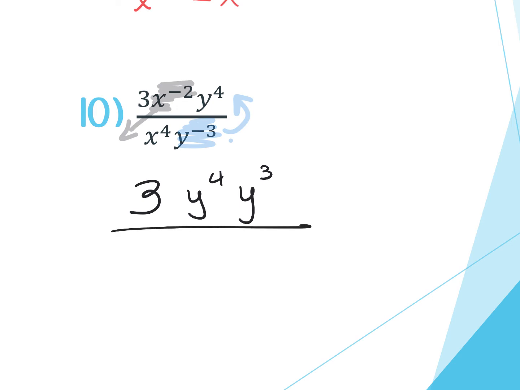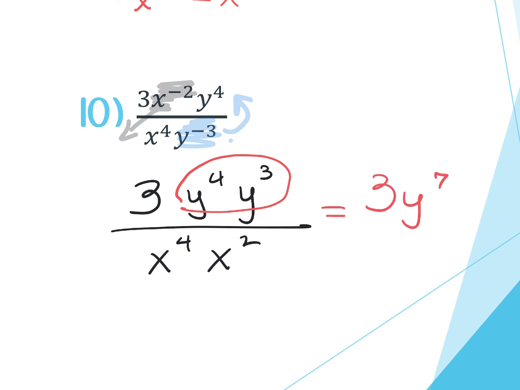And then the x to the 4th was in the bottom, and I'm going to move the x squared down. Now we're going to use what we learned yesterday, the multiplication. So this is being multiplied, so I add the powers. So then this becomes 3y to the 7th. And then I can do the same for the bottom, add those x's because they have the same base and they're being multiplied. So this is one way to do it.